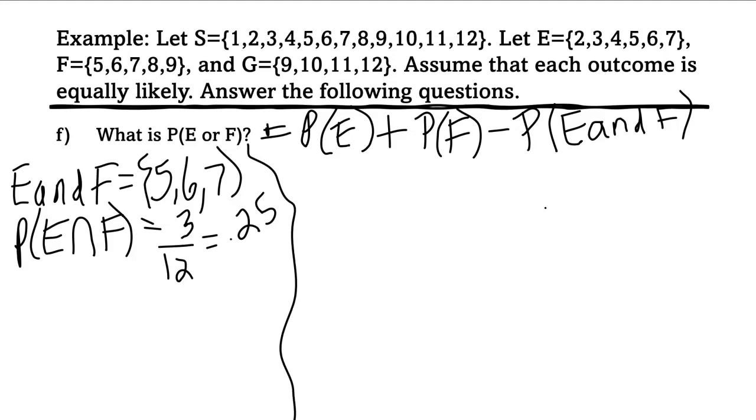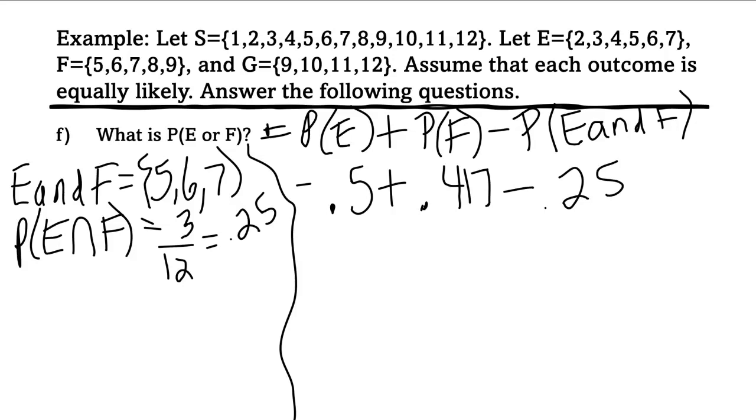So now I'm going to come back over here to my calculations. We know that the probability of E is 0.5 because we just calculated that. We know that the probability of F is 0.417. And then we know that the probability of E and F is 0.25.